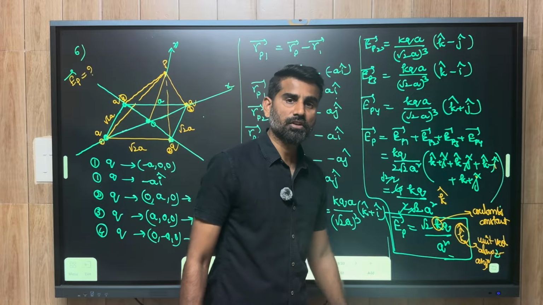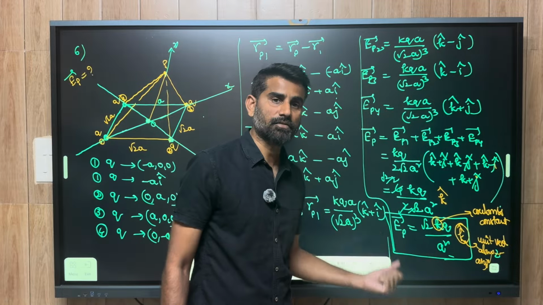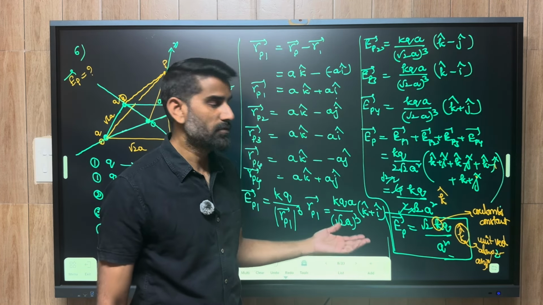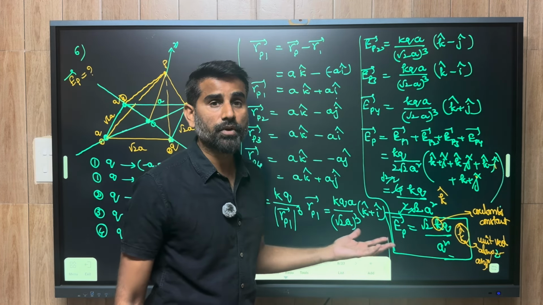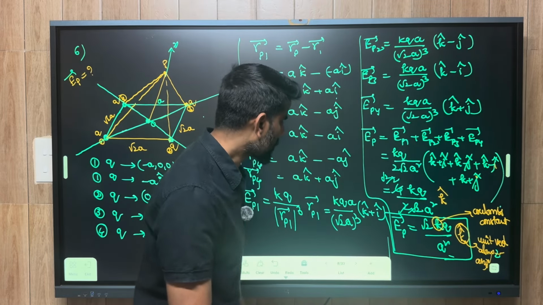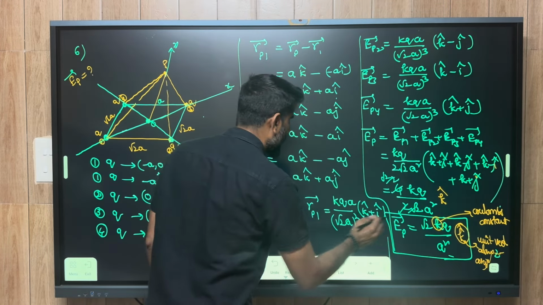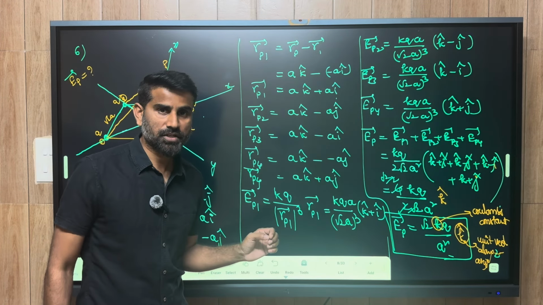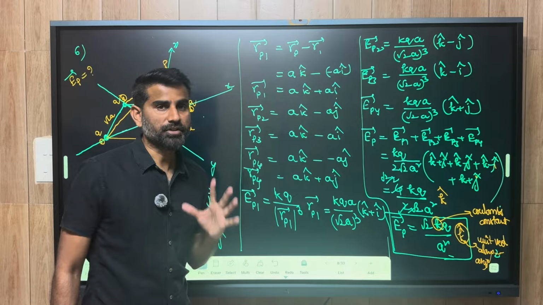K cap is the unit vector along the z axis, which represents the direction of the net electric field. Small k is Coulomb's constant, which has the value of 9 into 10 to the 9. So this is the net electric field at point P, which we have determined with the help of the vector representation of electric field due to a point charge.